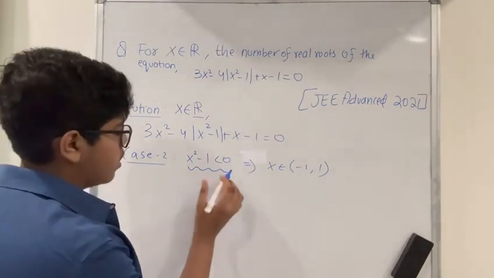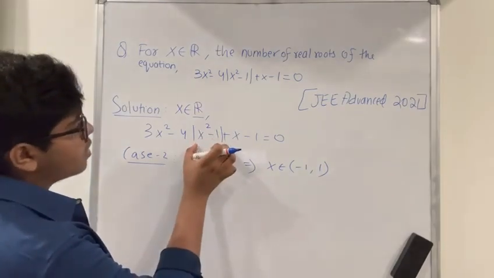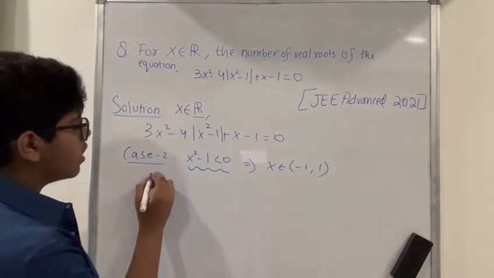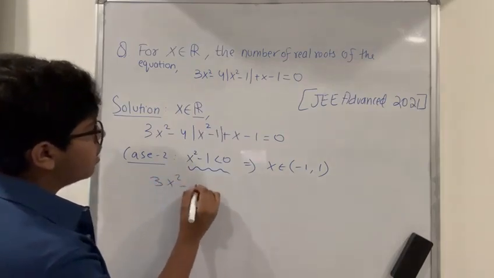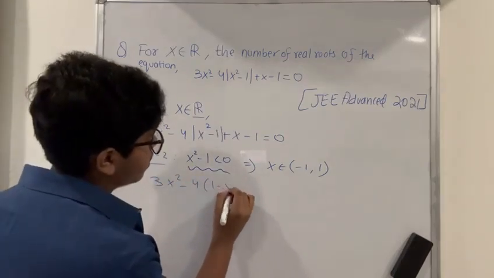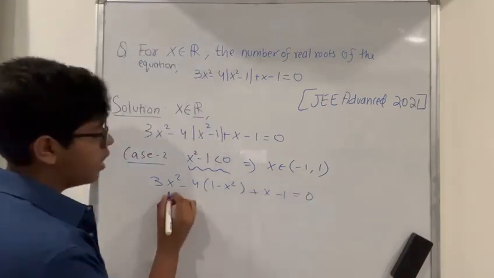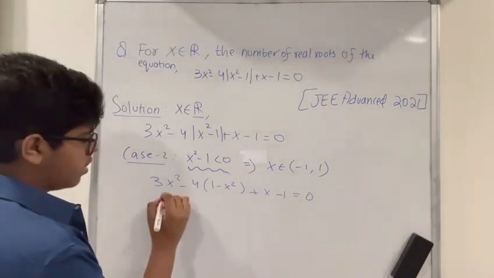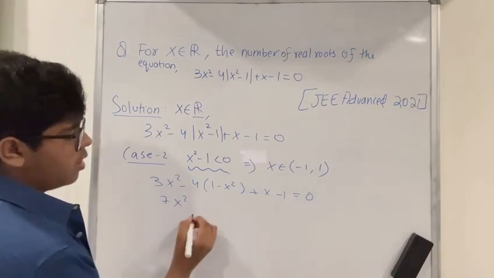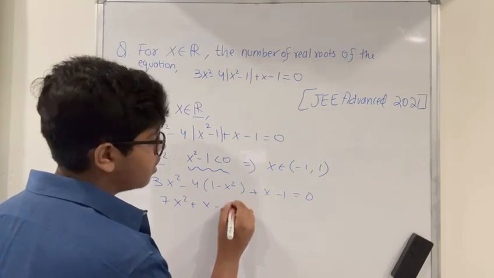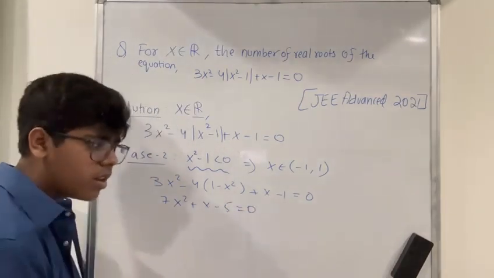Now in this case, the mod would make changes to the equation, so we'll get something like this: 3x squared minus 4 times (1 minus x squared) plus x minus 1 is equal to 0. Now from here we get 7x squared plus x minus 5 is equal to 0, right?